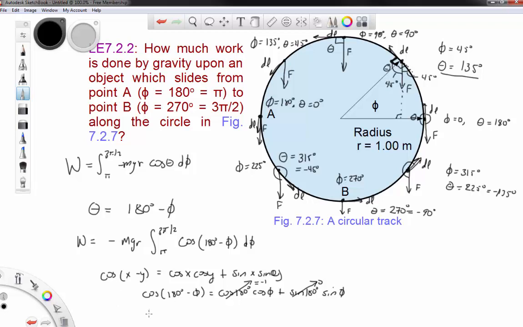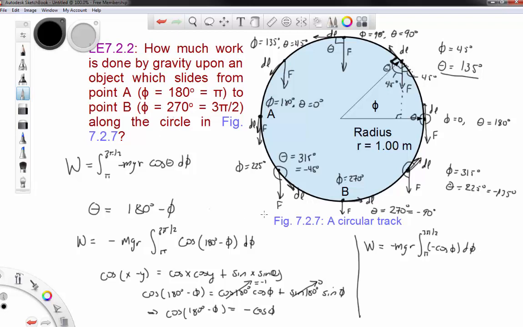So this term right here is basically therefore saying that cosine of 180 degrees minus phi can also be the same as just negative cosine of phi. So now that means that our integral looks something like this. Work is mgr integral from pi to 3 pi over 2 times basically a negative cosine of phi d phi.